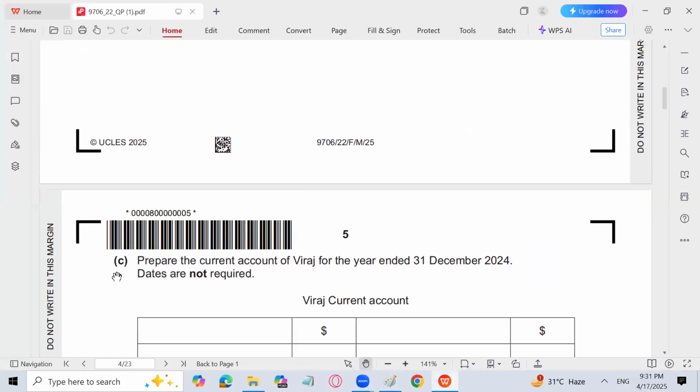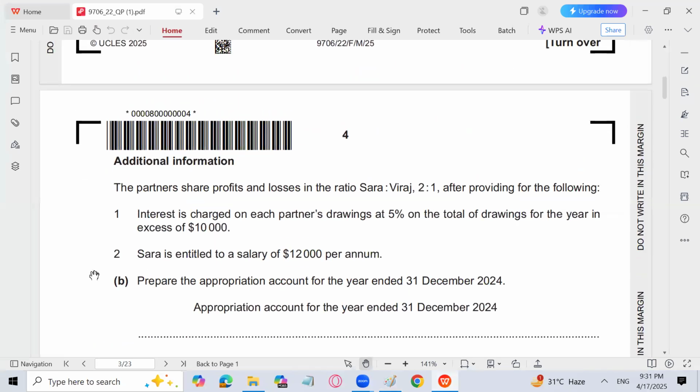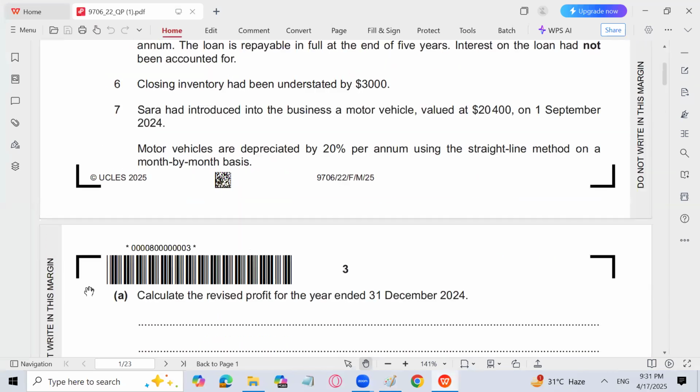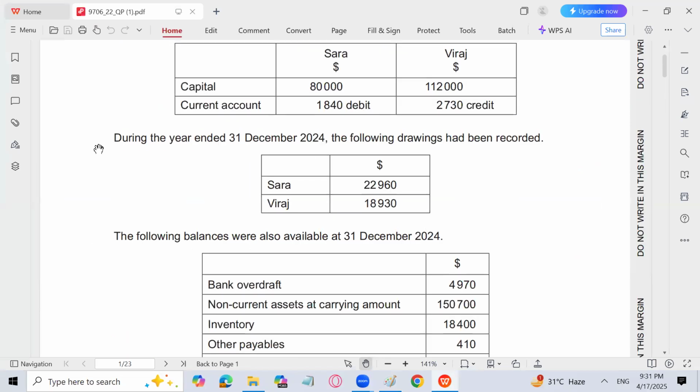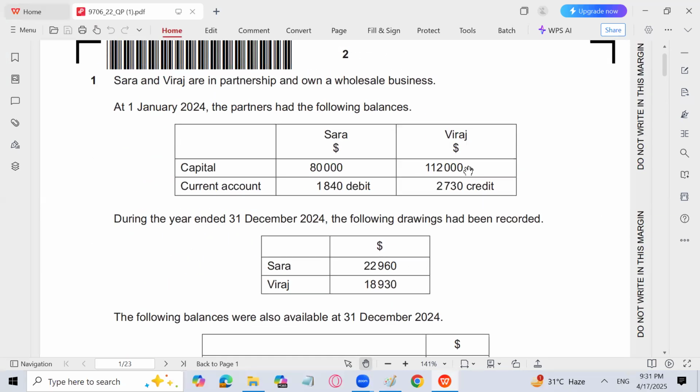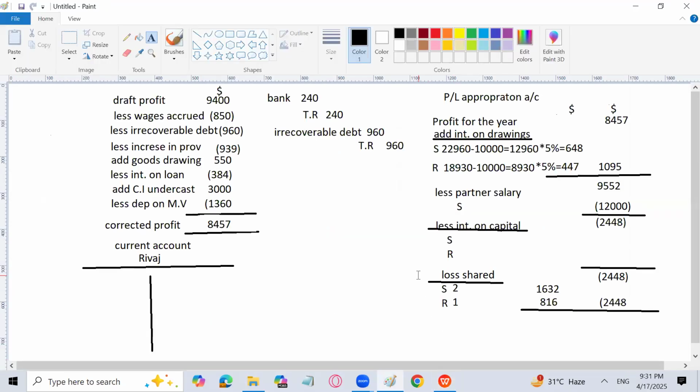Let's see if there is any brought down given in Rewaj's current account. Yes, it is given. Viraj's current account is going to be 2730. So I will change this. This is Viraj actually. I will write V here, so that you might not be confused.